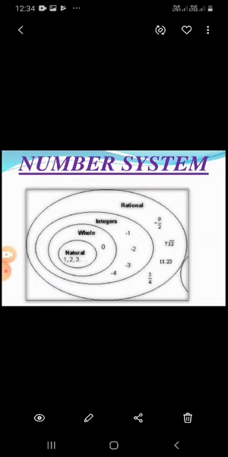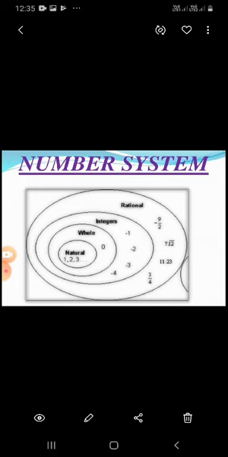But if you imagine a number line in which 0 is written in the middle, and on the right-hand side 1, 2, 3, 4 and so on. Similarly, if you imagine negative numbers on the left side of 0, that is -1, -2, -3, -4 up to minus infinity, all these numbers are known as integers.